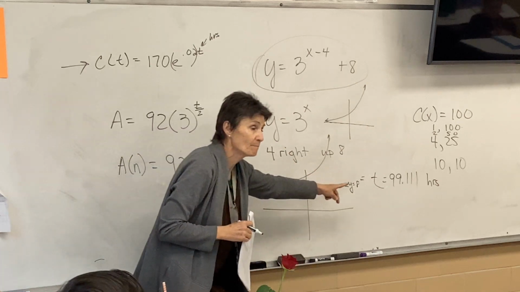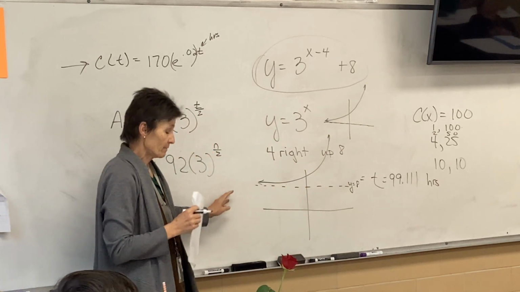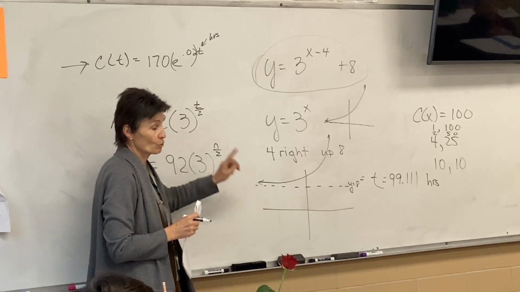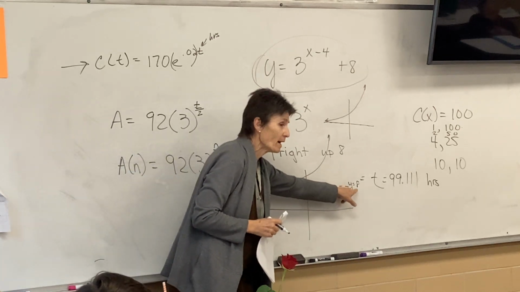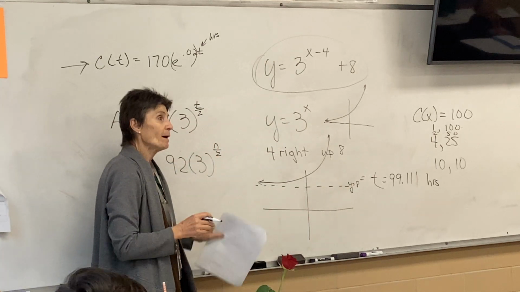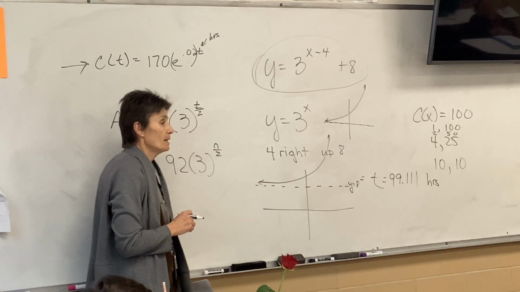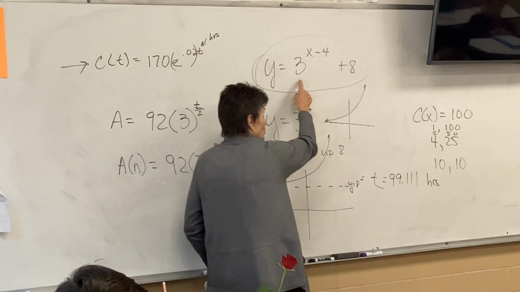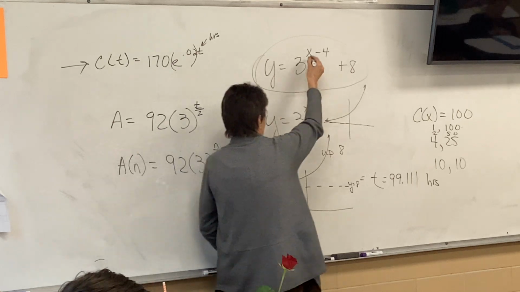Good problem. What's the domain and range? What's your domain? Negative infinity to infinity. What are your asymptotes? There's only one. What is the equation of your asymptote? Y equals 8. How about a y-intercept? How do we find a y-intercept for this equation? Plug in 0.